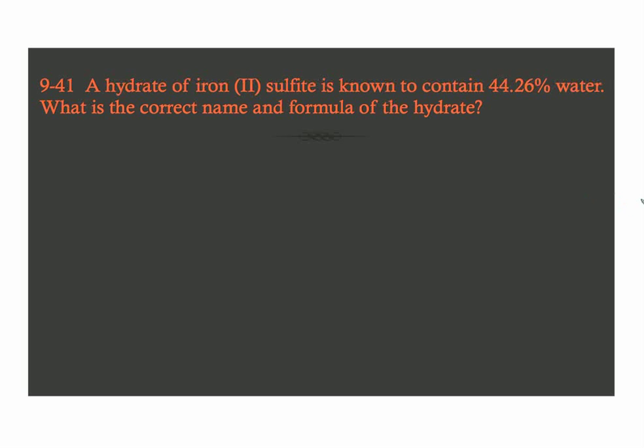Let's do one more of these, just so you can get a sense of different ways they're worded. So I have iron 2 sulfite. So I have Fe, irons plus 2, sulfites minus 2, dot some number of waters.